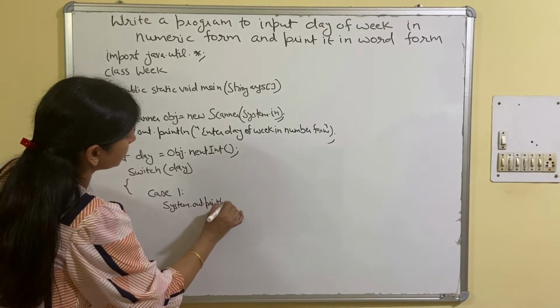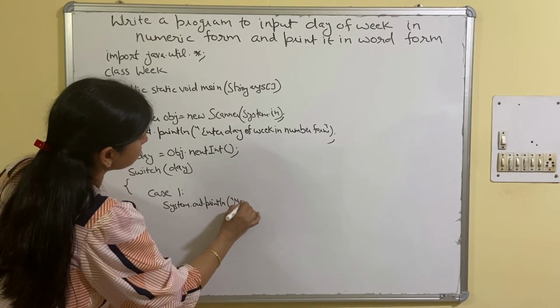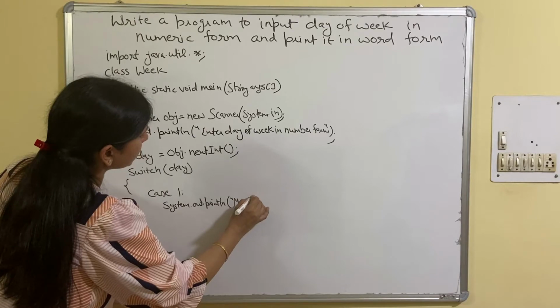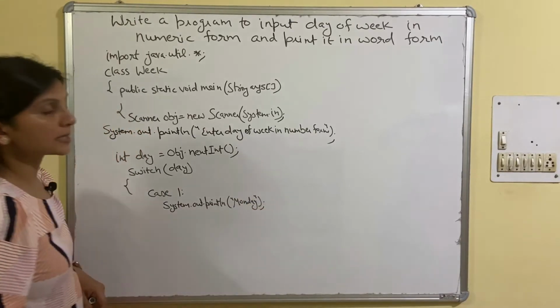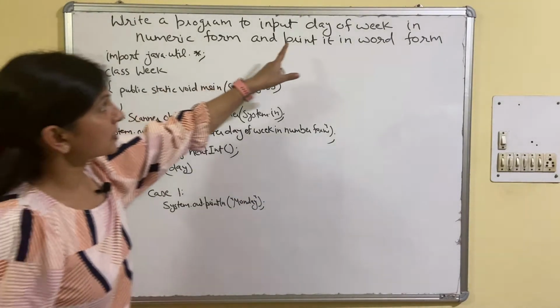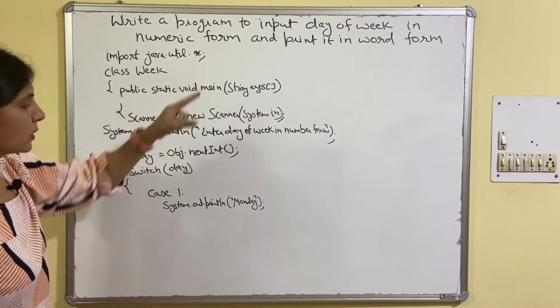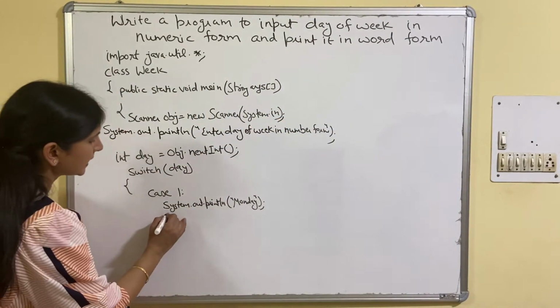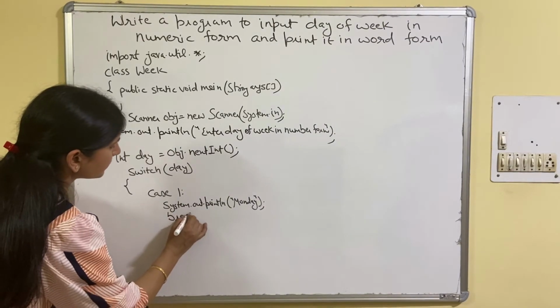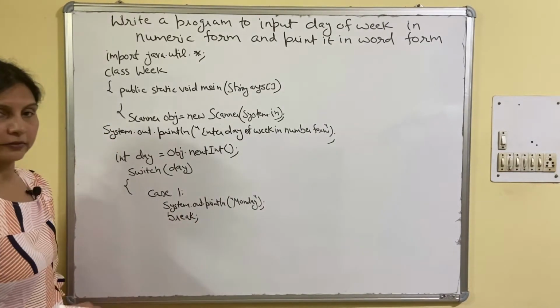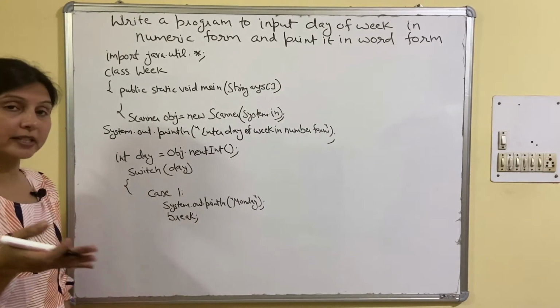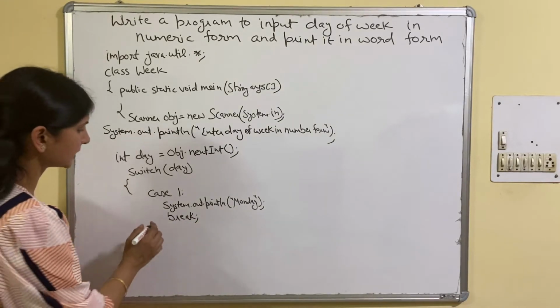Case 1, then System.out.println Monday. If the day is 1, then what should be displayed? Monday, because in the program it is asked to print it in word form. So if it is 1, then Monday, and never forget to use the break statement. Fine. Break statement is also called case terminator.